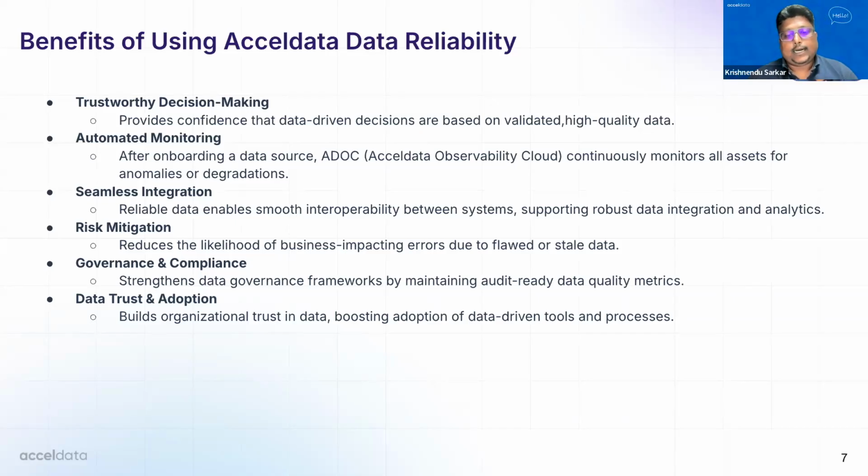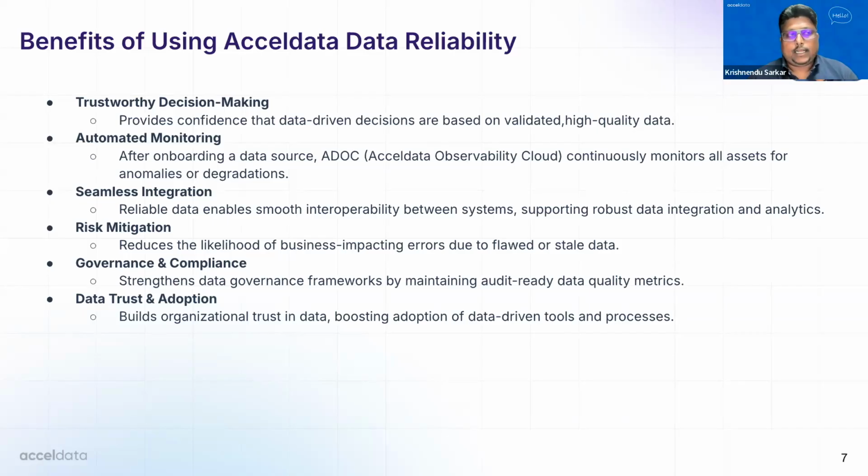Fourth is risk management and mitigation. By catching flawed or outdated data early, we reduce the chances of costly errors that could disrupt operations or decision making. Fifth is governance and compliance. Strong data quality helps maintain compliance and supports governance by keeping audit-ready metrics easily accessible.